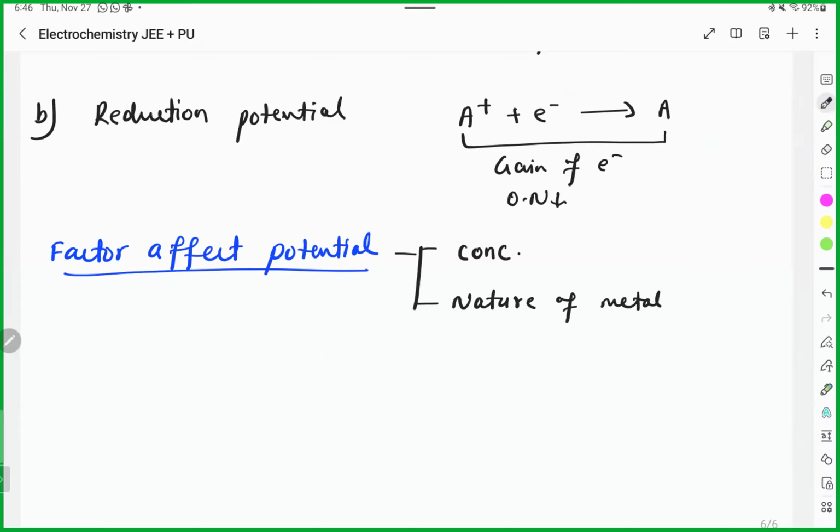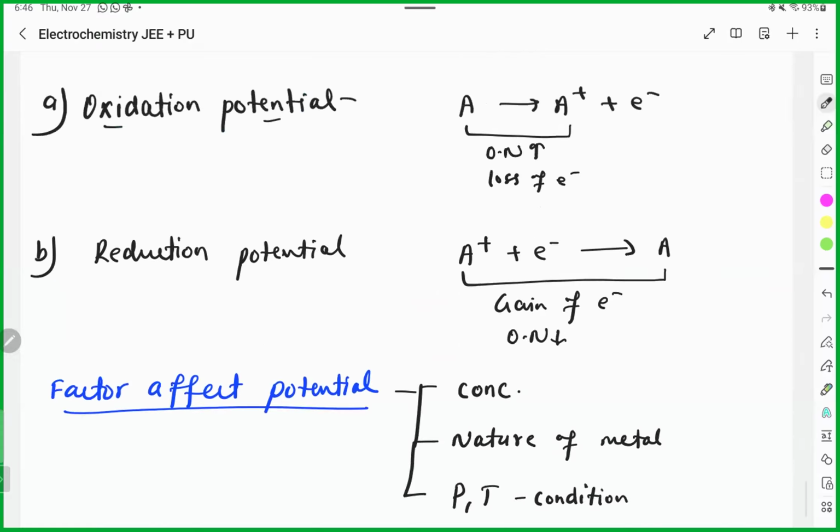For example, the reduction potential of copper is more compared to zinc. That's why copper can undergo reduction easily compared to zinc, right? And to make it better, we have standard pressure, temperature, and concentration, so it will depend only on the nature of the material.